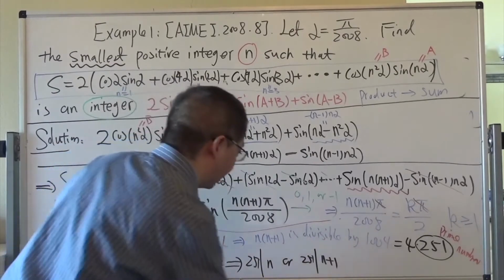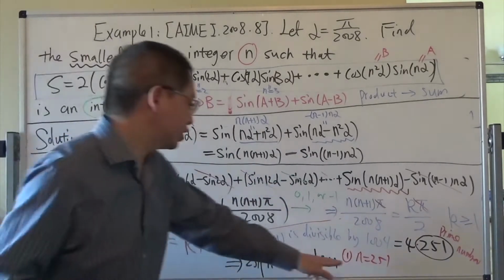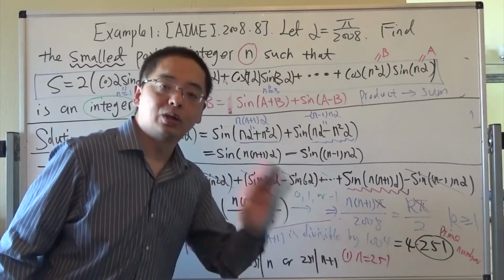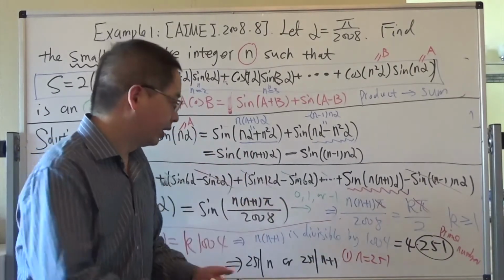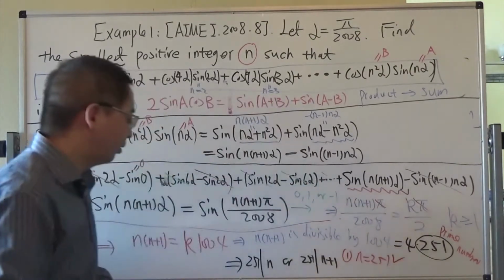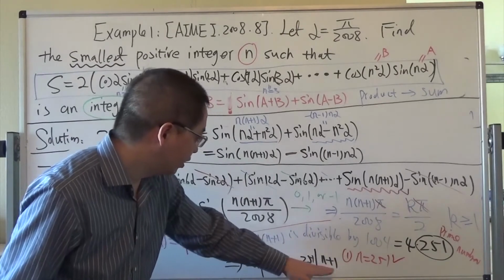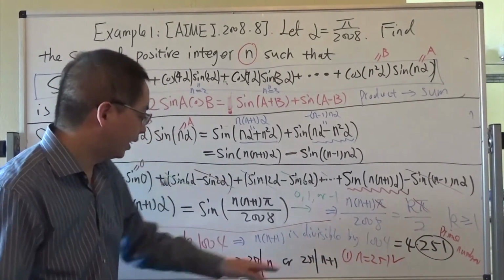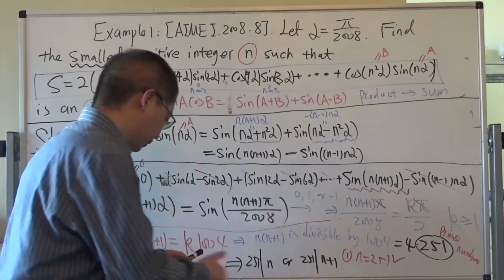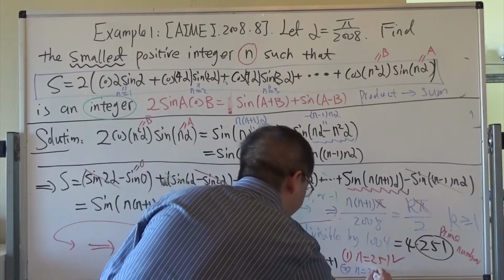Okay, so let's look at the first option. n is 251. Now if n is 251, n plus 1 is 252. 252 is divisible by 4, which is okay because we also need to take care of the 4. So this one is fine. Then you say, maybe I can make it smaller. If n plus 1 is 251, then n is 250.